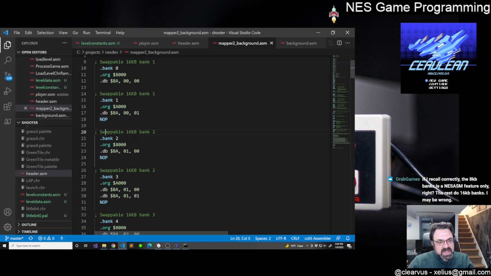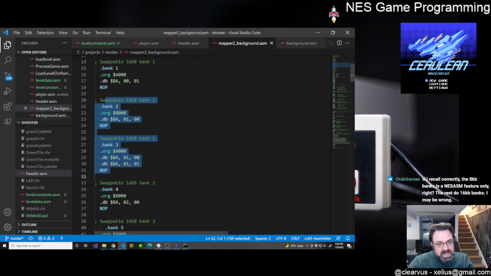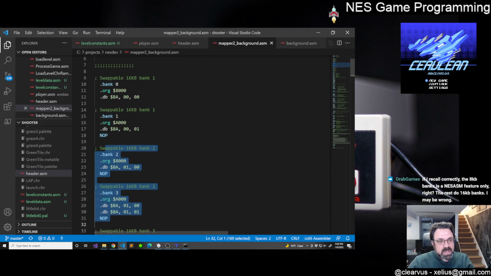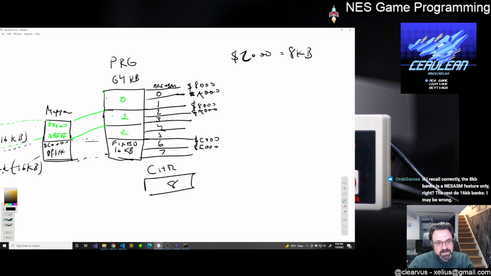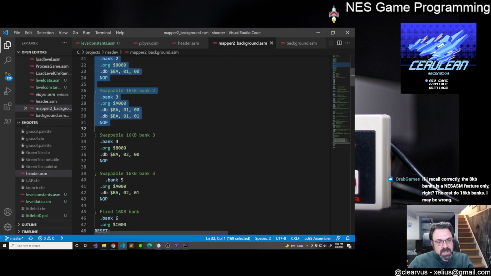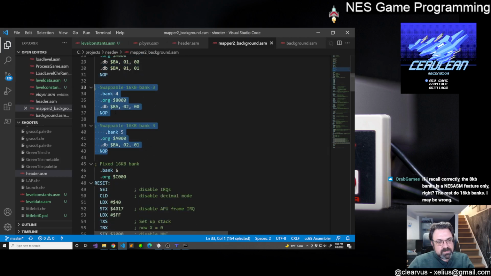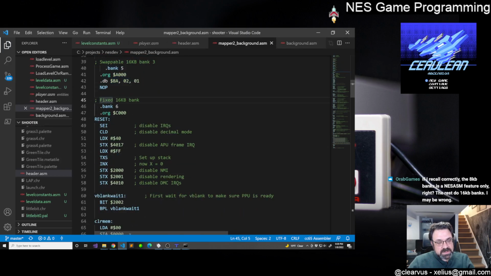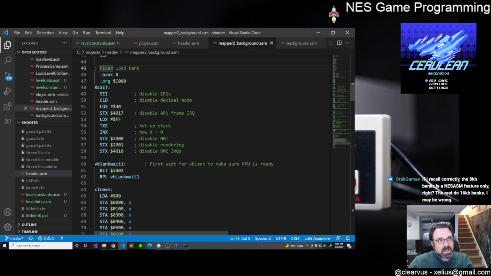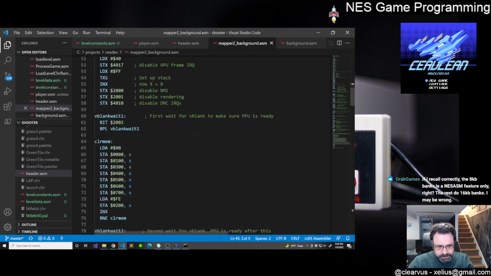So then this is the second bank, again split into 2 parts, both starting once again org 8000, org 8000. So here's the bank. Here are the 2 parts. That's what this is. Same thing with this third one. And then this is our fixed bank. So the fixed bank is the one where all the code got moved.